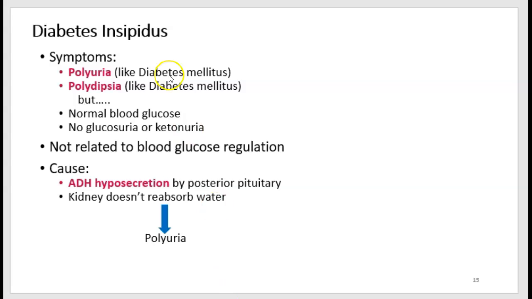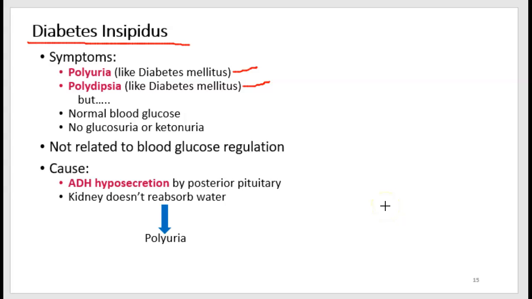There is a similarly named disorder called diabetes insipidus. It isn't related to blood glucose at all, but it has some similar symptoms. For example, there's a lot of urine output, polyuria, and excessive thirst, polydipsia.